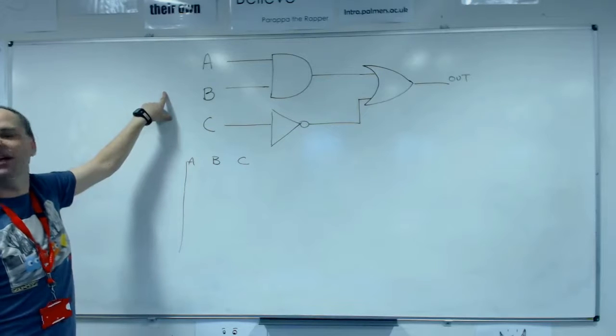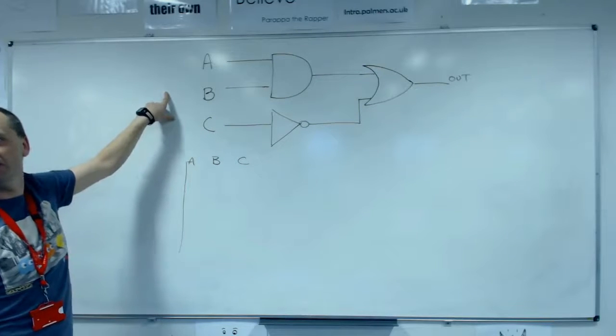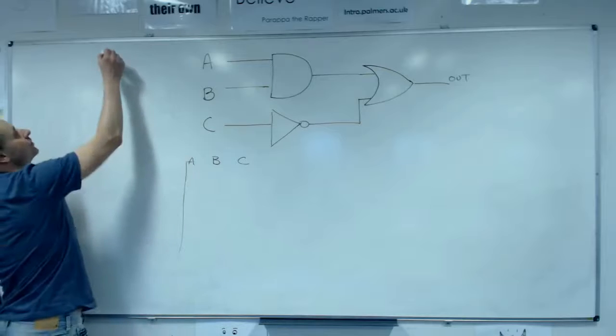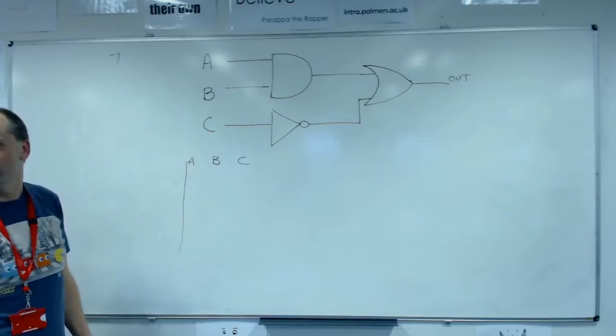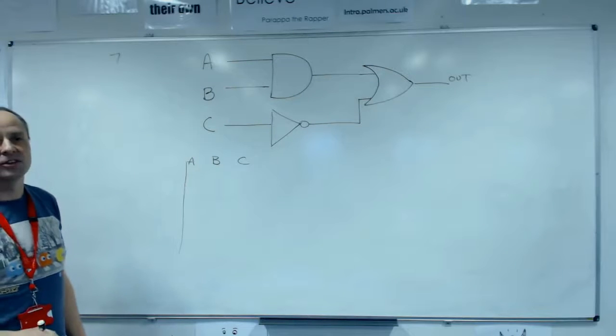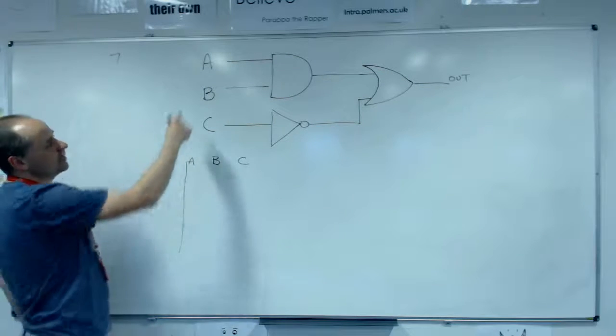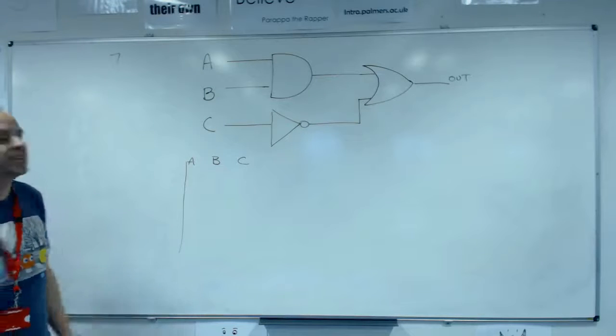What's the biggest number you can represent with 3 bits? 7, yeah? So 7 is the maximum number. So how many different numbers can we represent though? 8. Excellent. So we're going to have 8 combinations of noughts and ones in this example.